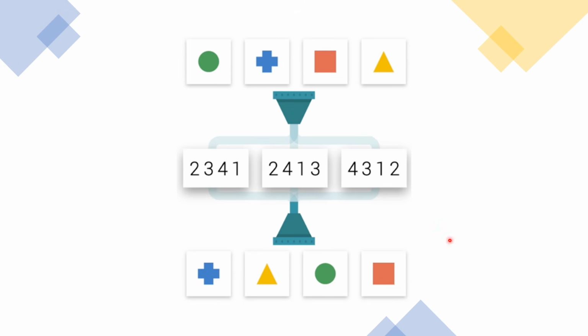So essentially we have an input, which is this set of shapes, and then we have an output, which is this set of shapes, and we need to determine which one of these operators will lead to the correct answer, and which will give us this set of shapes.